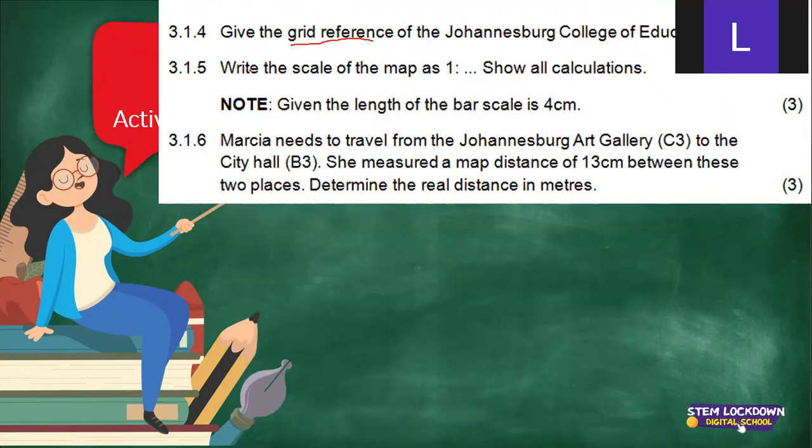Okay, next question. Write down the scale of the map in the form of 1:something. Basically, here you're changing a bar scale into a number scale. Maybe 1:100. Now they tell us the length of the bar.